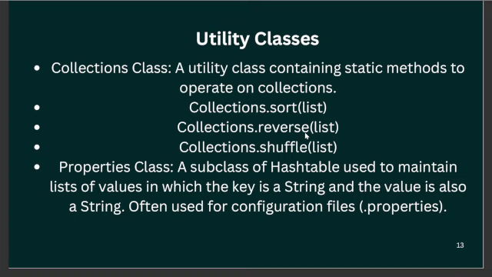Collections.reverse is used to reverse the list, and Collections.shuffle is used for random order. The next will be the Properties class. This is basically a subclass of hash table used to maintain a list of values in which the key is a string and the value is also a string, often used for configuration files. It is used in the dot properties file.